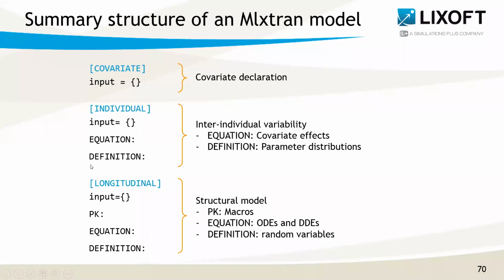Then if you want to include inter-individual variability, you can add an individual block where you can define covariate effect in the equation section and parameter distribution in the definition block. And finally, if you want your covariates to be properly recognized as covariates, you need to declare them in the covariate block. So that's the structure of the mlxtran model.